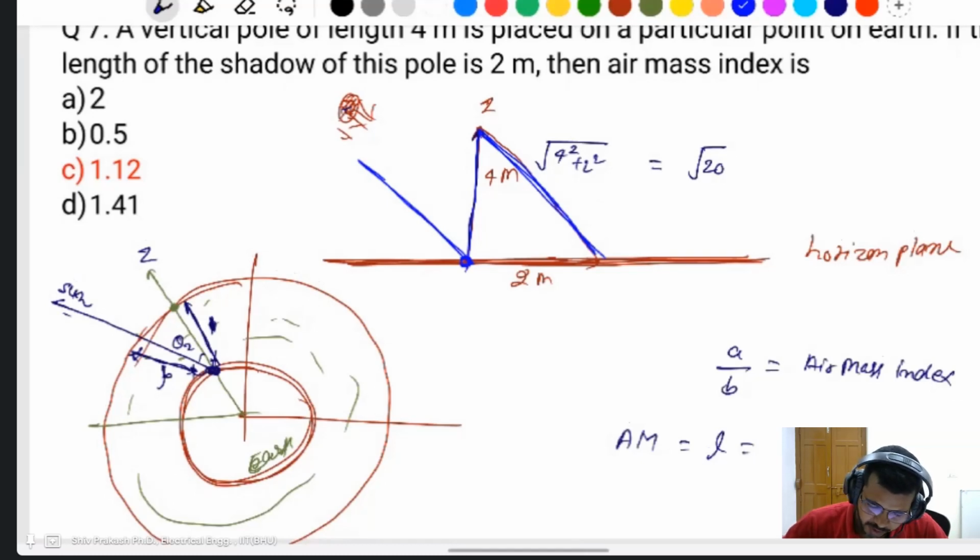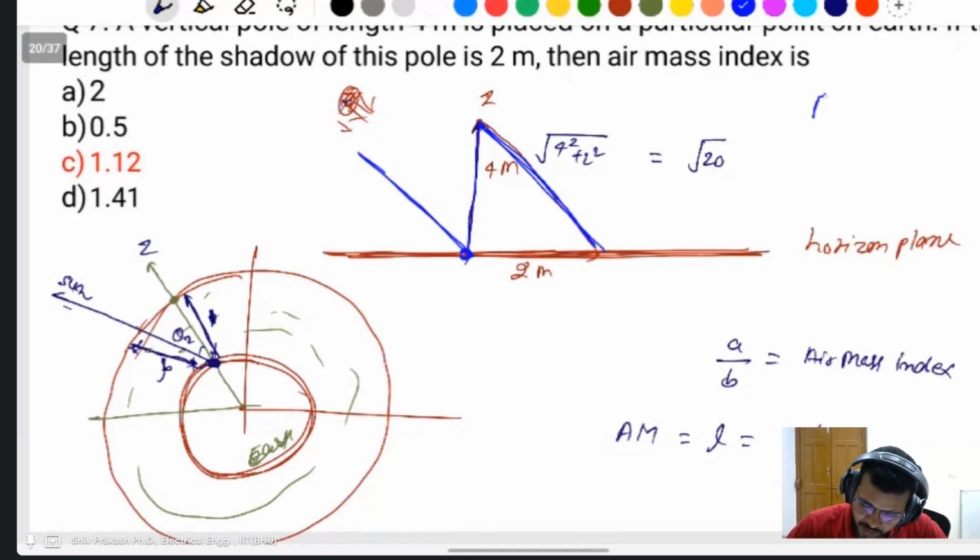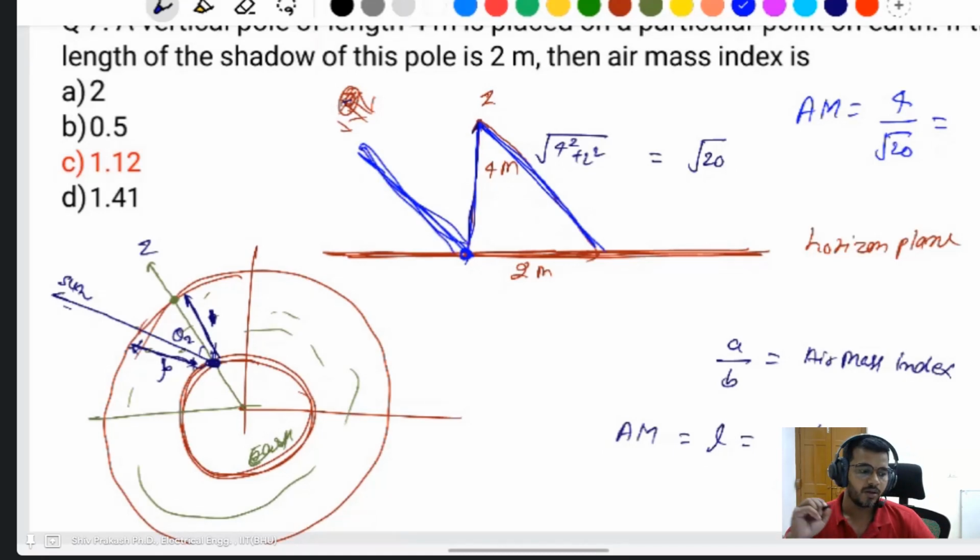Then you can say air mass index is 4 divided by the square root of 20 of this length and this length, 0.89.